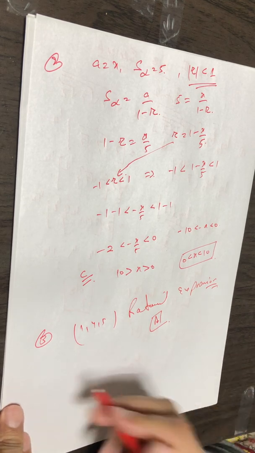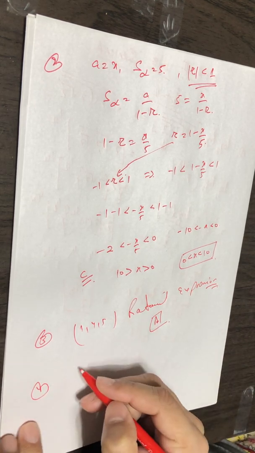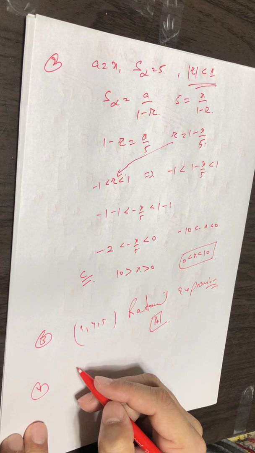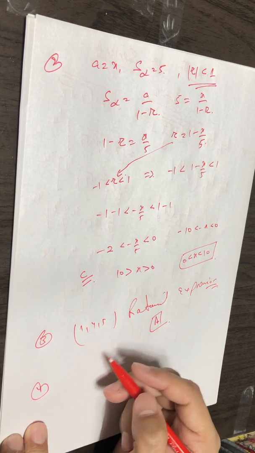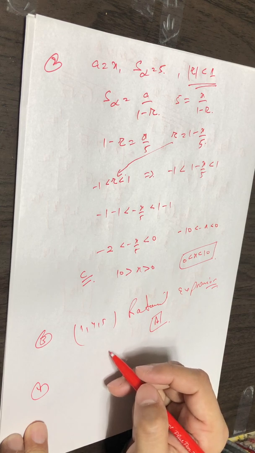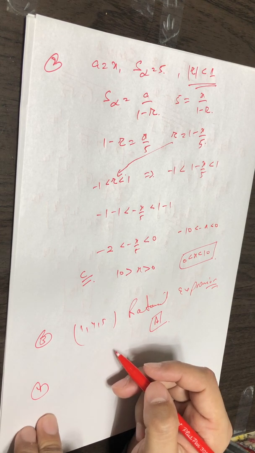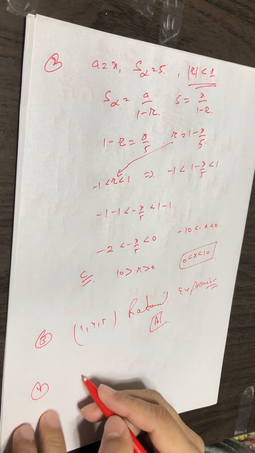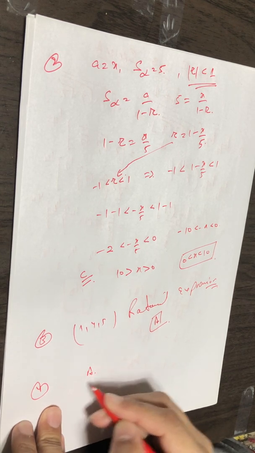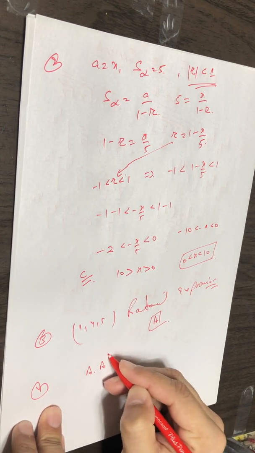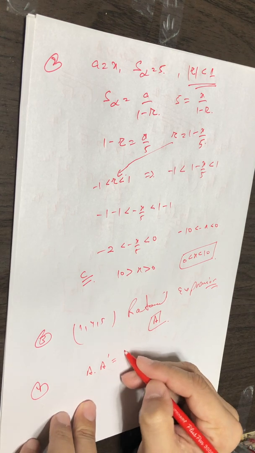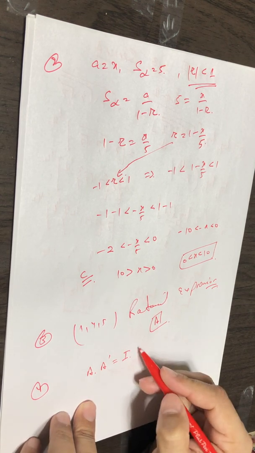Okay. Fourth question. A is a square matrix. We are going to find out the conditions when it will be orthogonal or not. In this case, a square matrix is given. If you multiply A with A prime, we are going to get an identity matrix.